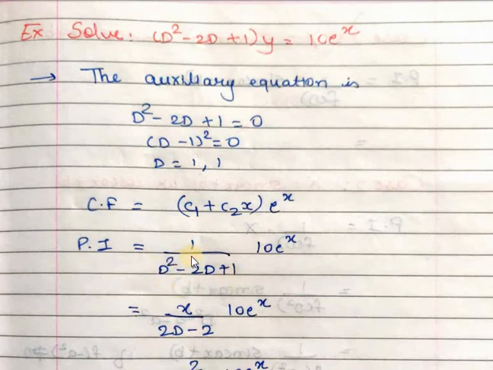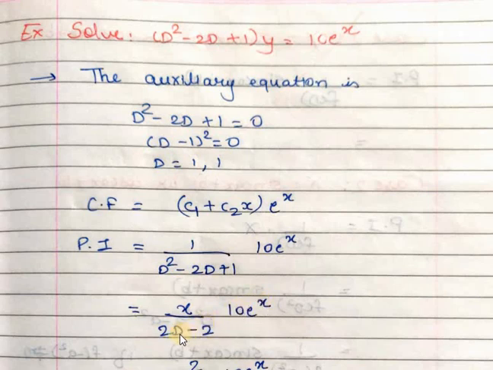If the denominator is 0, then we will have to multiply by x and take the derivative of the denominator. So here the derivative of the denominator will be 2D minus 2, because the derivative of D square is 2D and the derivative of D will be 1, so it will be minus 2, into 10 e raised to x. Now we will replace D by a. What is the value of a? It is 1.